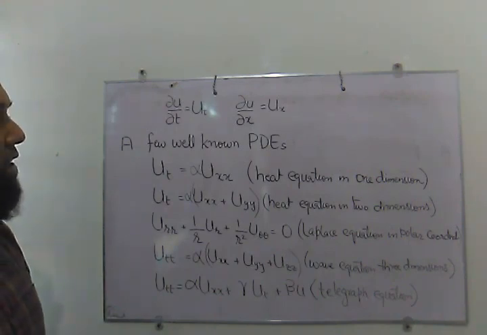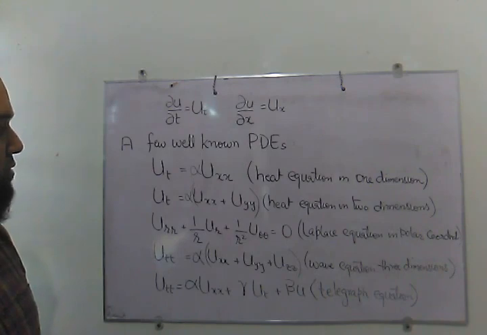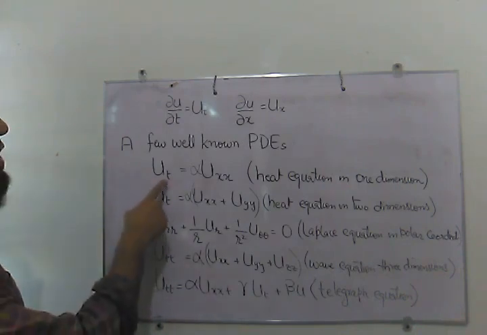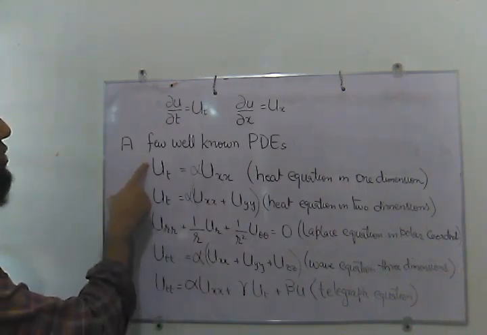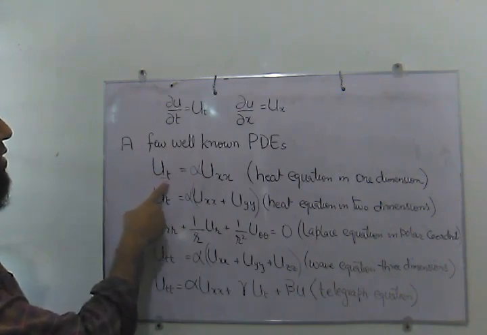So if this is a heat equation, then U, the general symbol, represents the temperature, and if there is a subscript t here, it means that U is differentiated with respect to t.